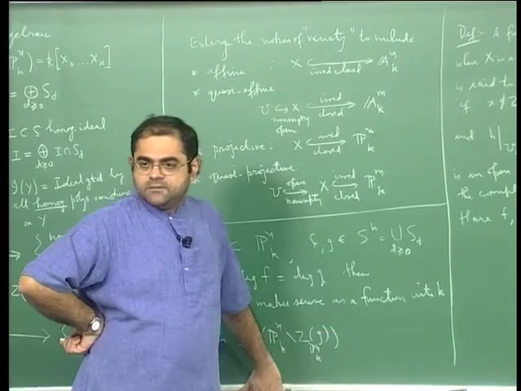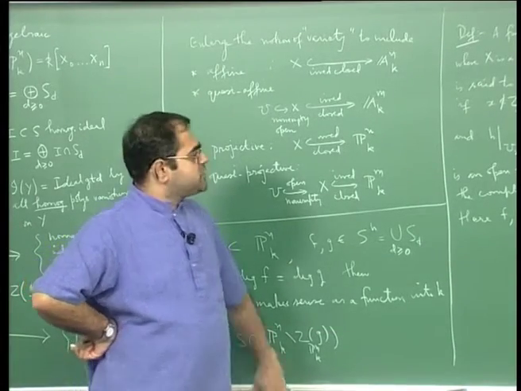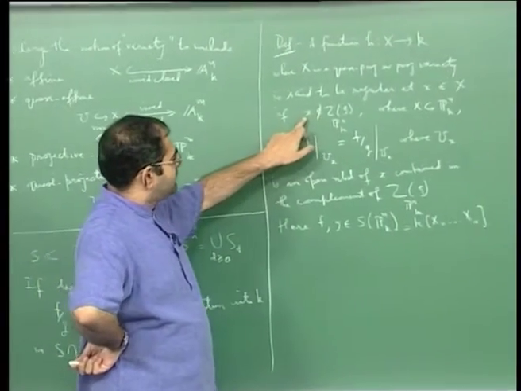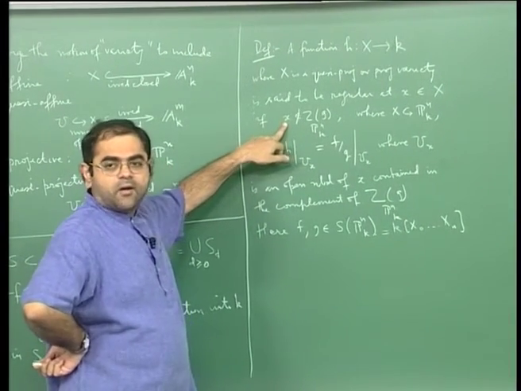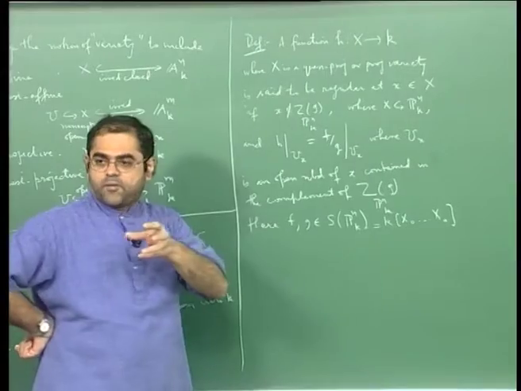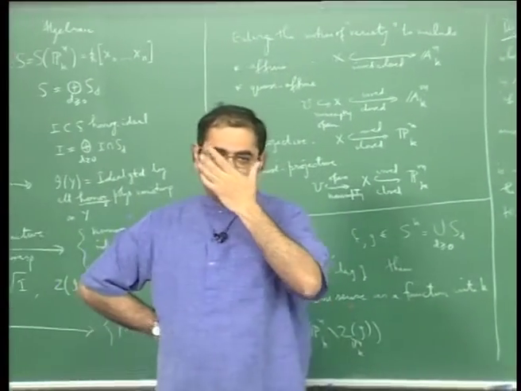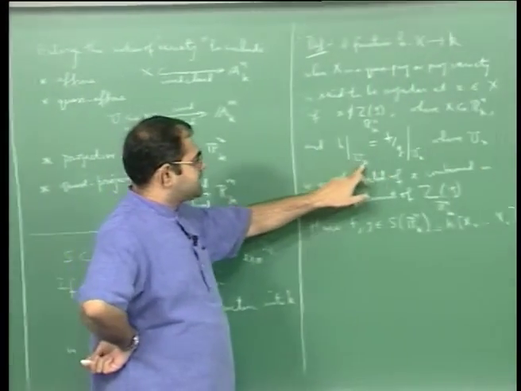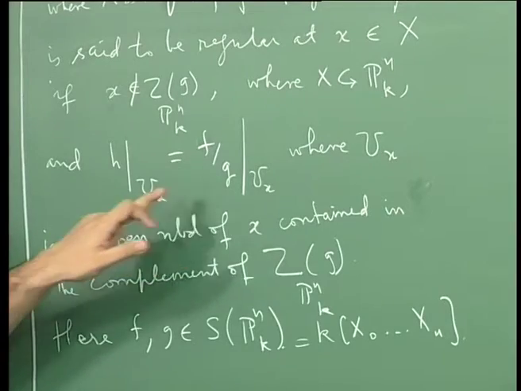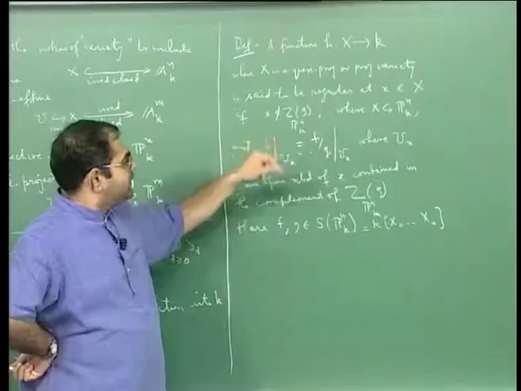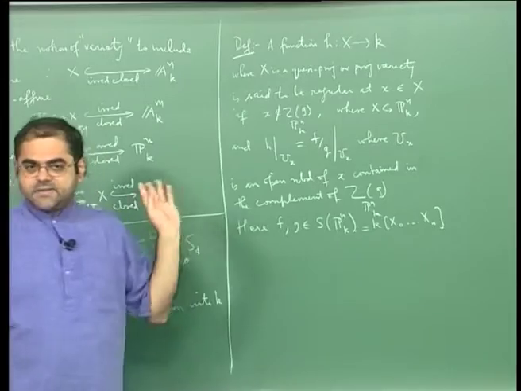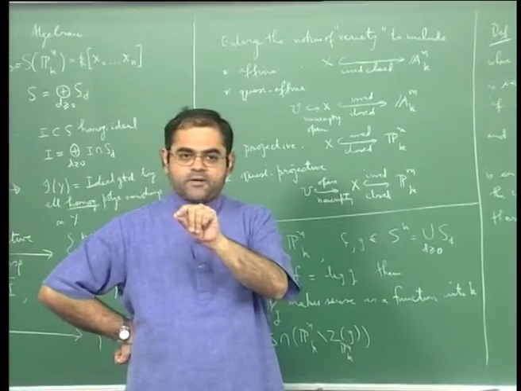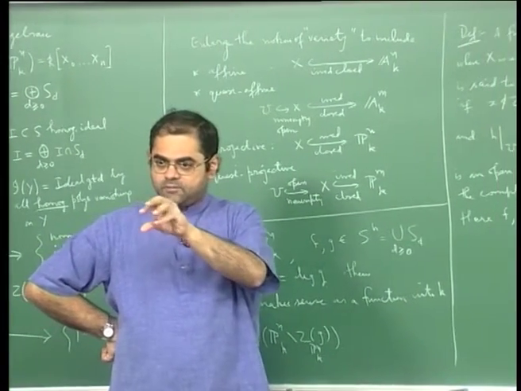The idea is very simple, and of course being regular at a point automatically means regular in a neighborhood of the point, because you are requiring this not only at that point, but in a neighborhood of the point. So the definition of regular function, as in the affine case, says that it is regular at a point if and only if it is already regular in a neighborhood of that point.